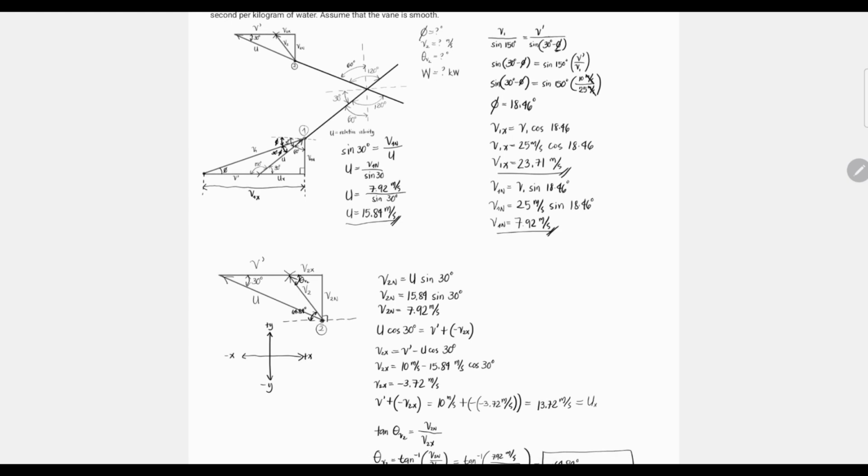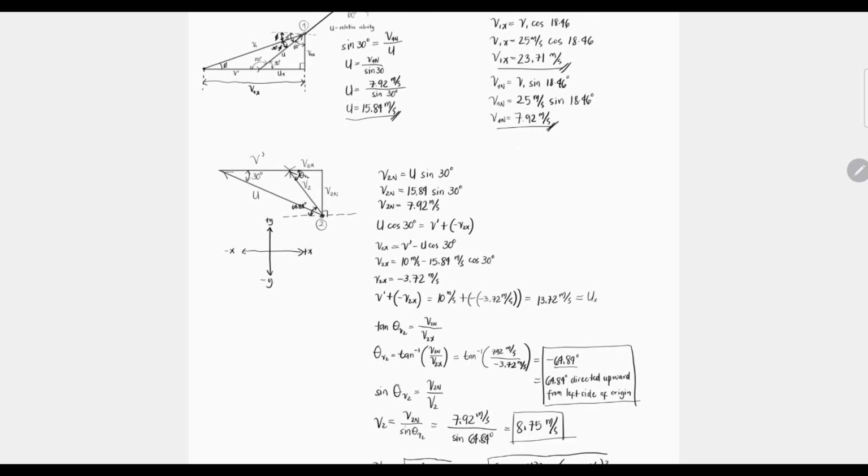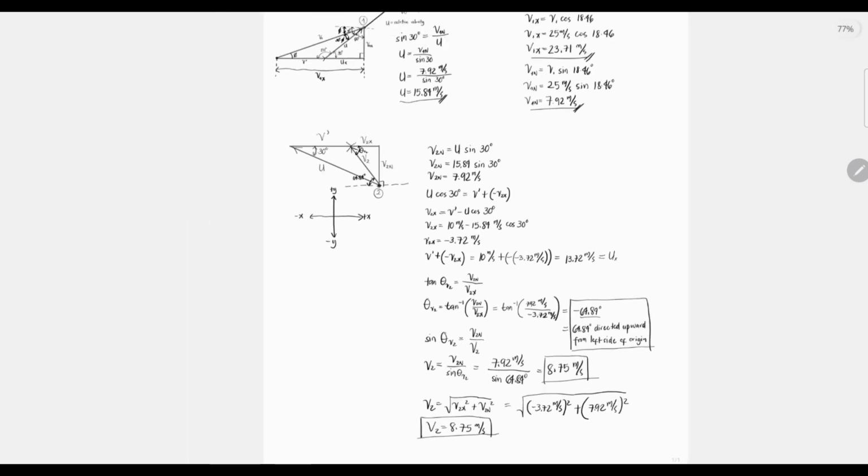So we now need to calculate the work. To calculate the work, we need to solve for F of x. Our formula is rho times the volume flow rate times v1x minus v2x.